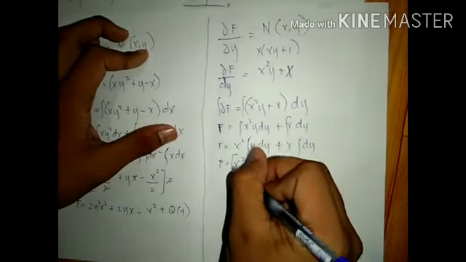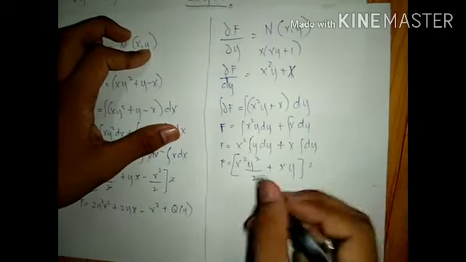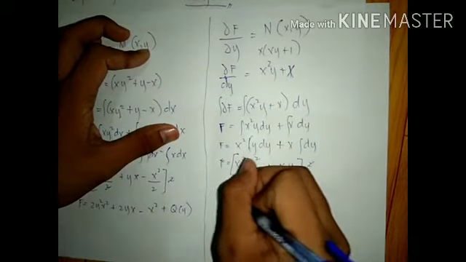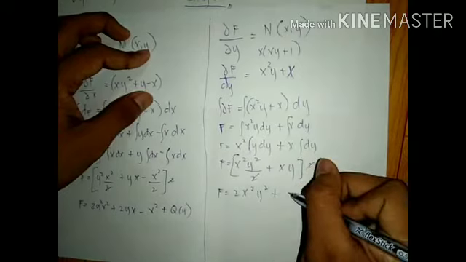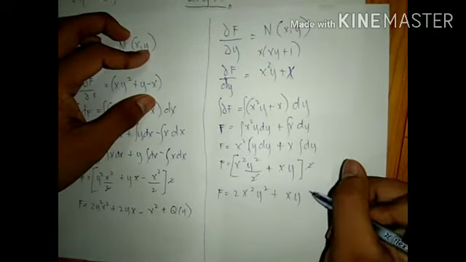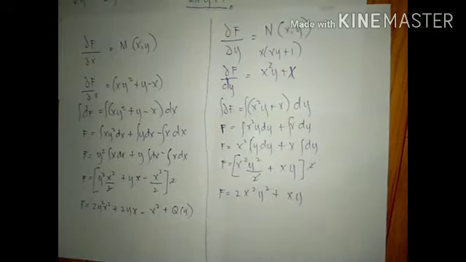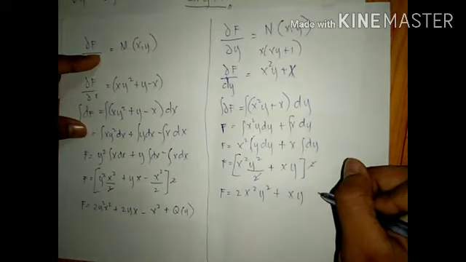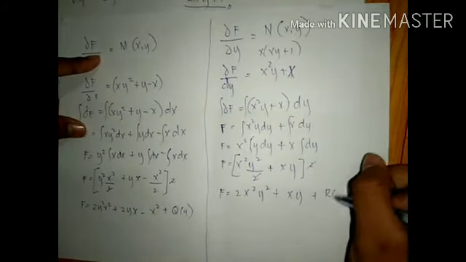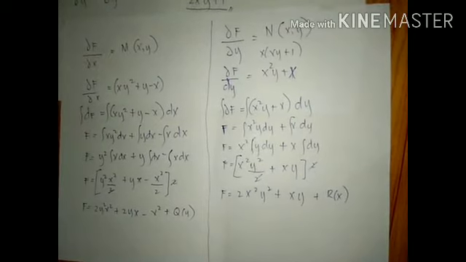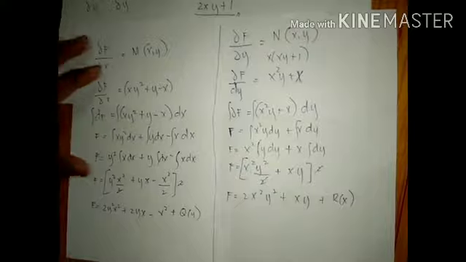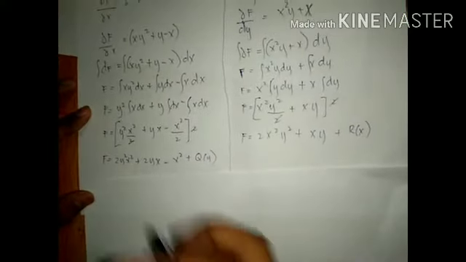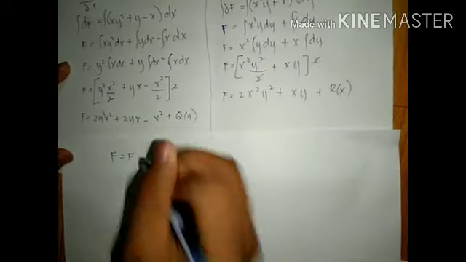So we multiply by 2 on both sides. So f is equals to 2x squared y squared plus xy. And we also add the constant R of x. So on both sides, f is equals to f.